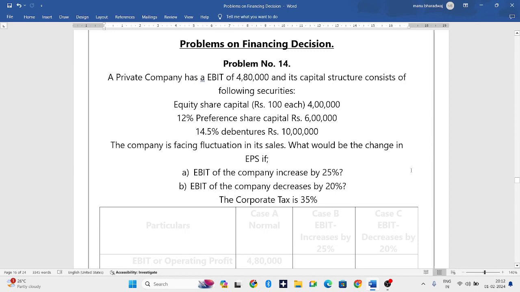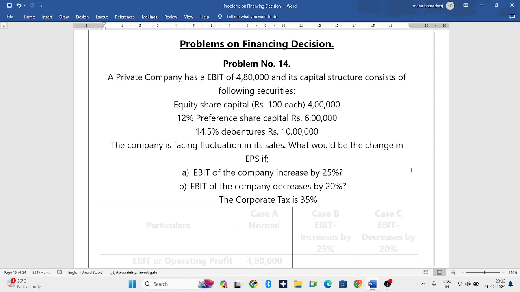In this particular video, let us discuss one more problem on finance and decision which can be asked for section C. A private company has an EBIT of 4,80,000. So the EBIT of the company is 4,80,000 and its capital structure consists of the following securities.